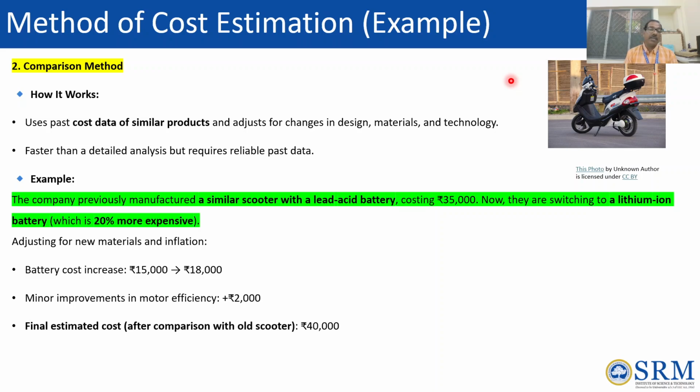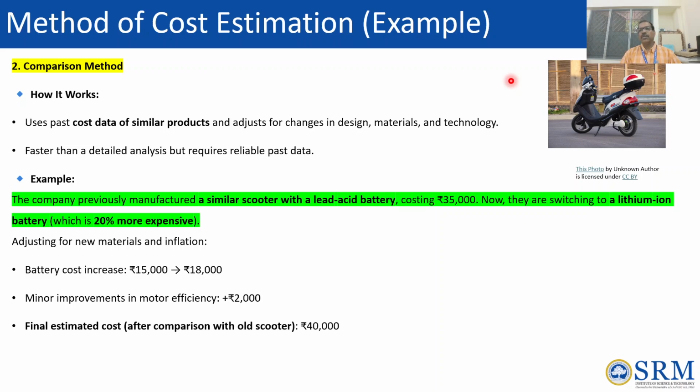Casting is different from cost estimation. Casting means the exact value. Remember, I will be explaining casting or cost accounting in later chapters, in that particular unit. Casting is the original cost incurred. So the company previously manufactured a similar scooter with a lead acid battery, casting 35,000.